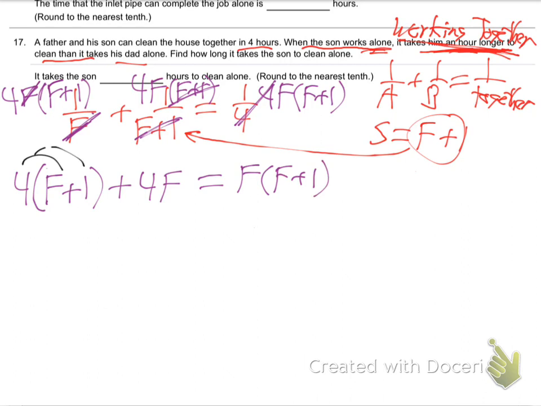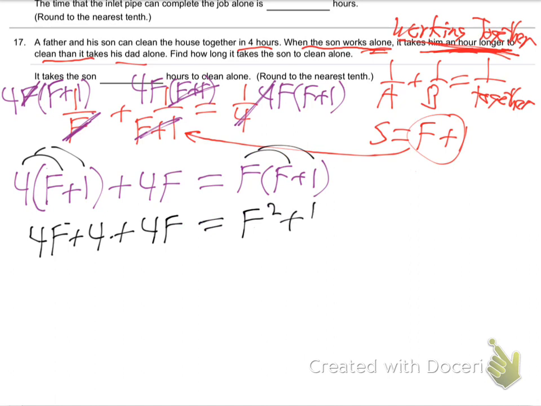Distribute. Did you see all that canceling? I multiplied through by the common denominator, so we get 4f plus 4 plus 4f, and distribute here, f squared plus f. So we get to there, 4f and 4f is 8f plus 4.